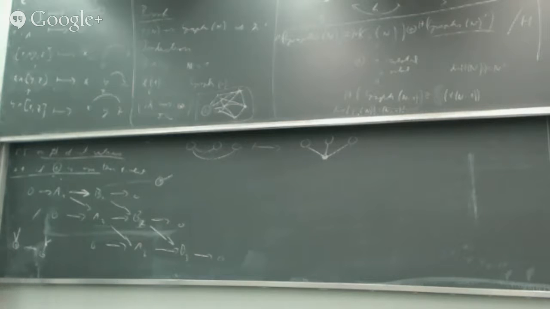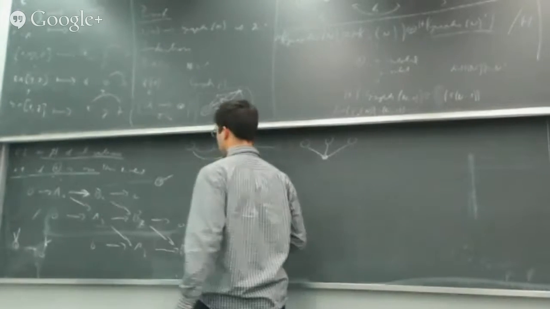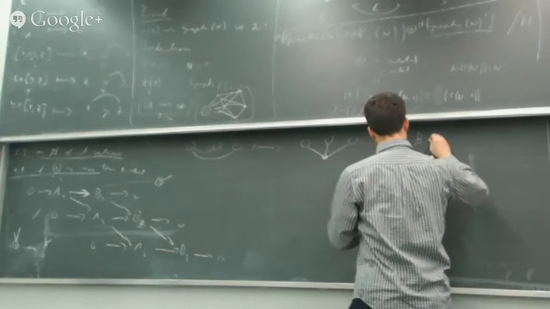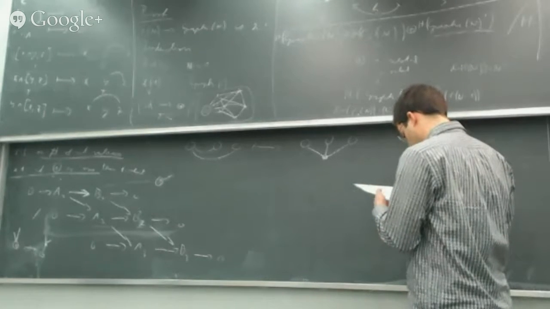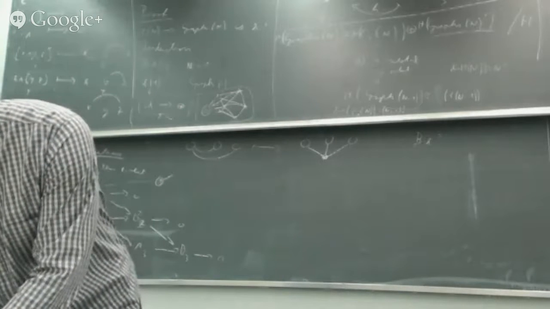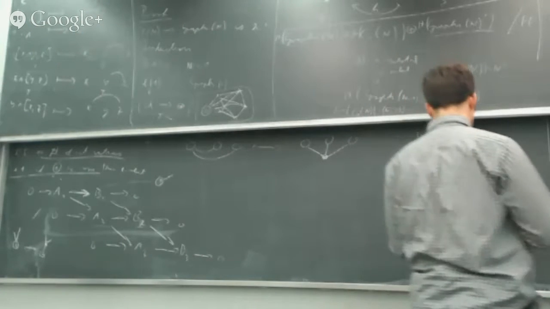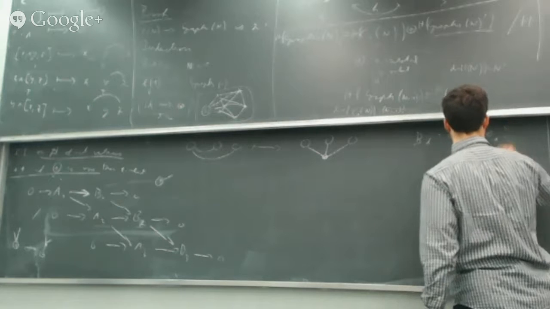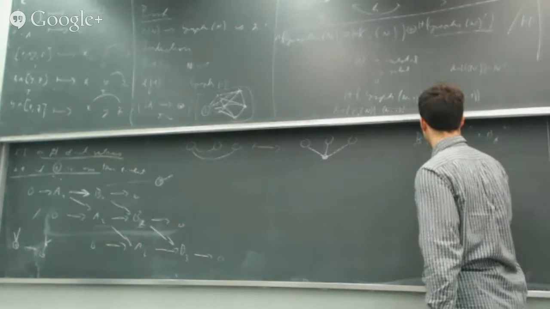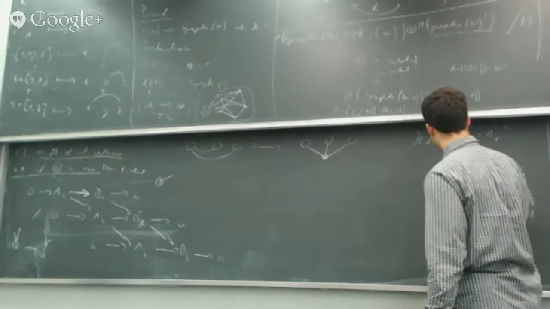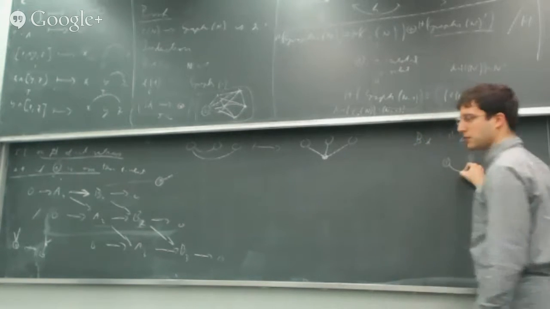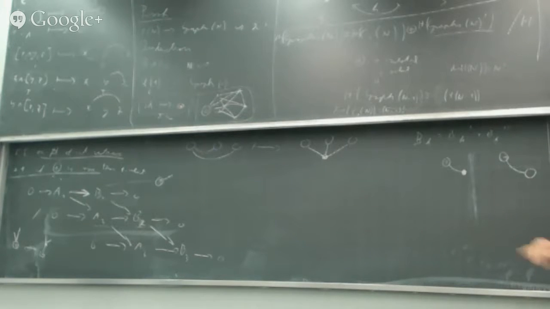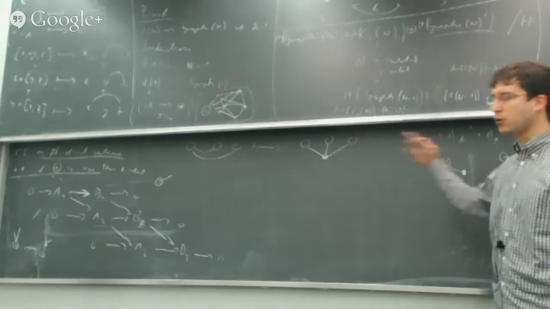Yes, but we have to be a bit careful, because here in B1, Bk is, I just want to have the same notation, Bk prime plus Bk double prime, where in Bk prime I have a one valent vertex connected to an internal vertex, and in Bk double prime I have a one valent vertex connected to an external vertex. There are two possibilities, and I can make the homotopy only here.